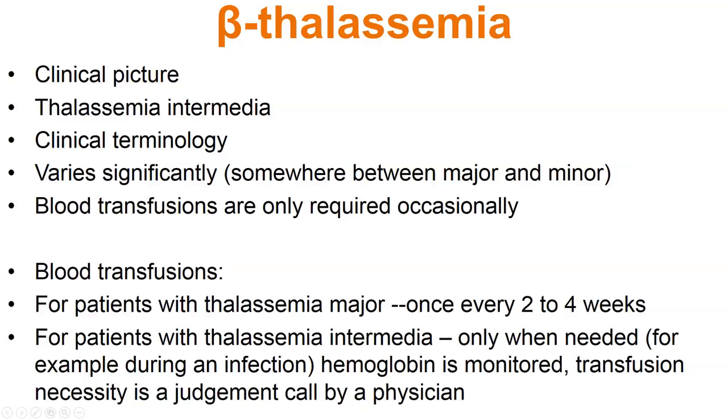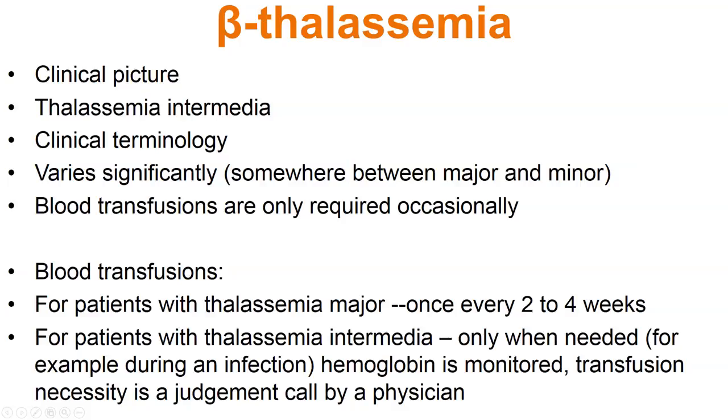So how do we define intermedia then versus minor and major? Okay, so basically minor requires no blood transfusions. Major requires transfusions on a regularly scheduled basis all the time. And intermediate does require blood transfusions, but they don't have to be done on a regular basis. What they do is they'll monitor those patients, and when their hemoglobin levels get to a point where the clinician feels they need a transfusion, they'll do it, but it's not regular, okay?